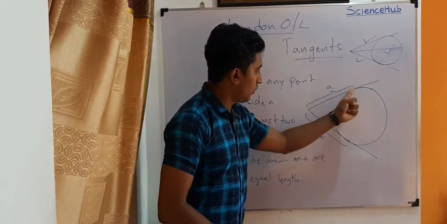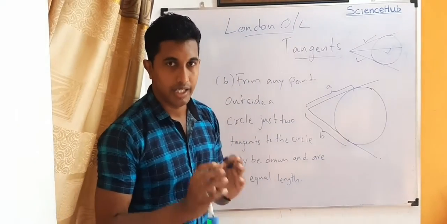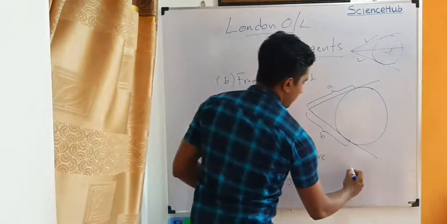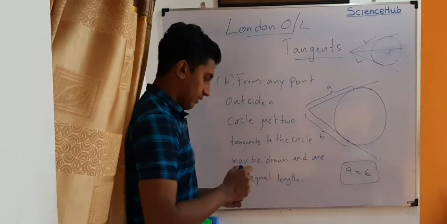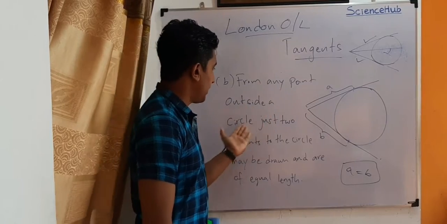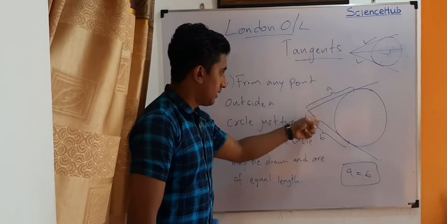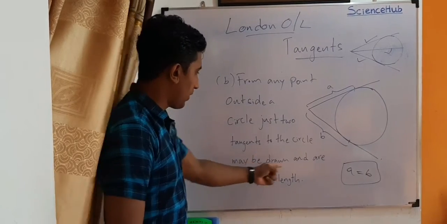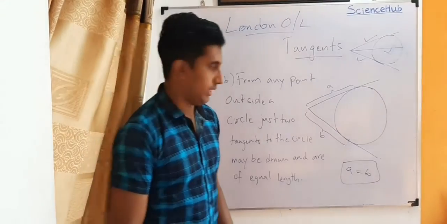From here to here and from here to here, the length is equal. That means A equals B. From any point outside the circle, just two tangents to the circle may be drawn and they are of equal length.